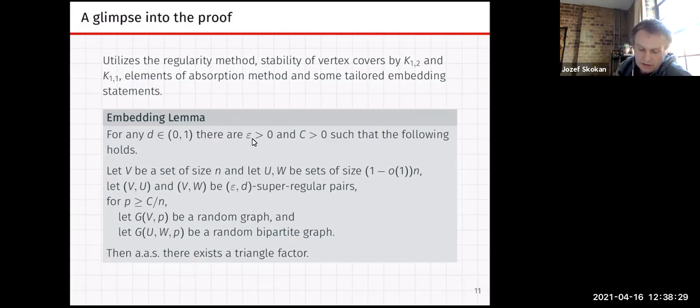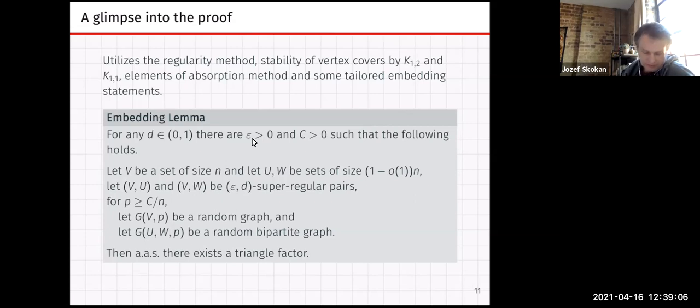Then we use something called stability of vertex covers, which I will possibly explain on the next slide. Then we use something very popular lately, the absorption method. And then we use some very tailored embedding statement that allows us to combine certain types of graphs with random edges to find nice triangle factors.